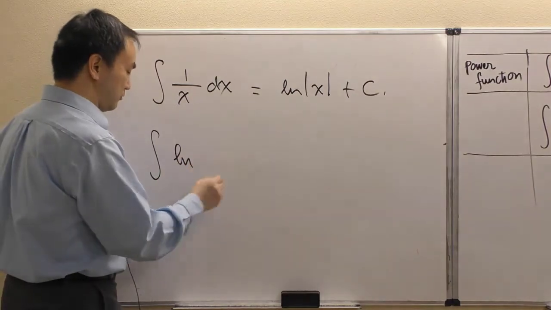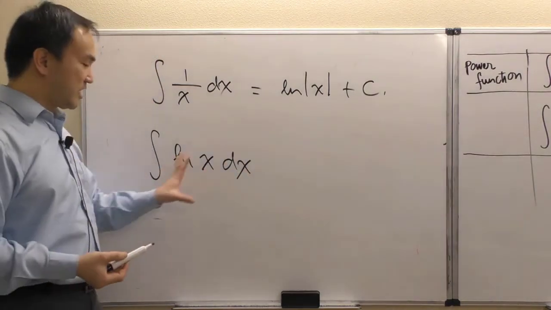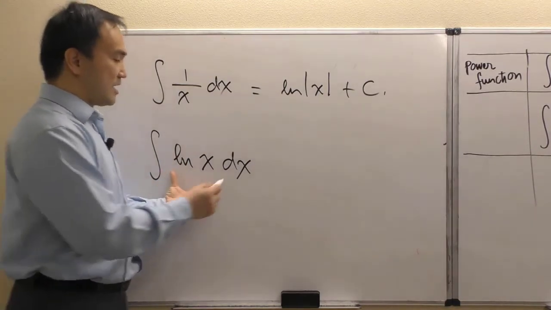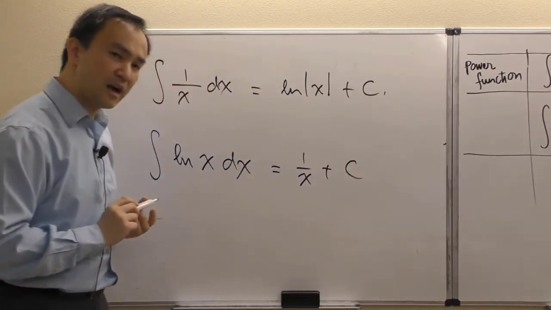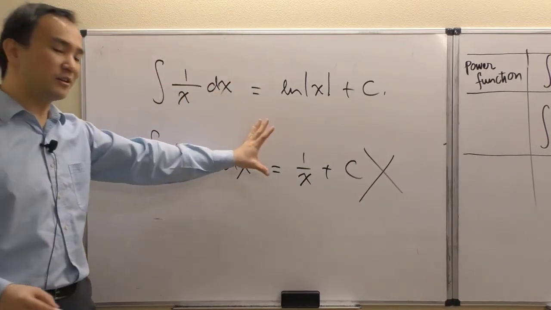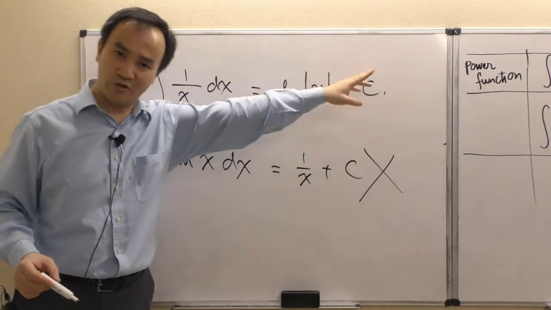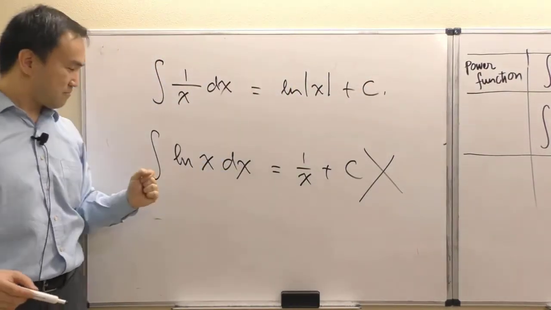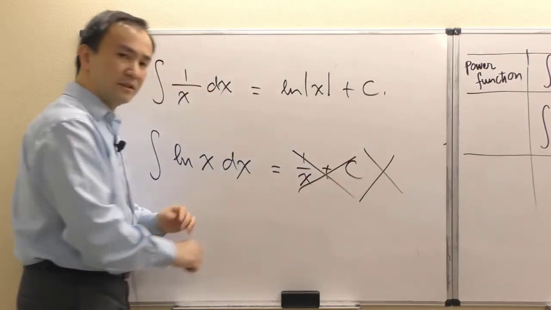So in other words, what I'm really trying to say is that I keep having students mistakenly write that the antiderivative of natural log of x equals 1 over x plus c. I am sorry to say this is incorrect. If we look closely, the antiderivative of 1 over x equals the natural log of absolute value x plus c. But this we have not learned yet, so this is not the answer.